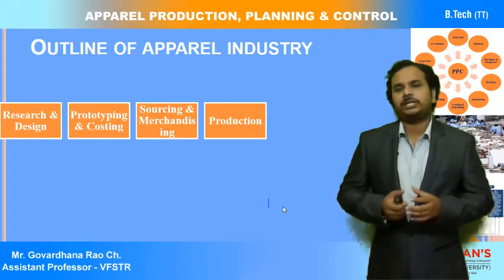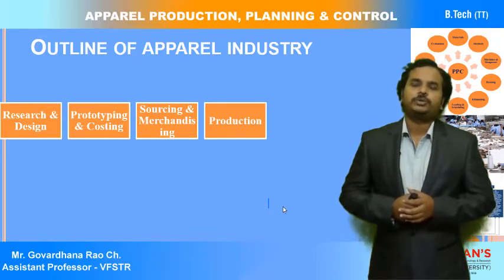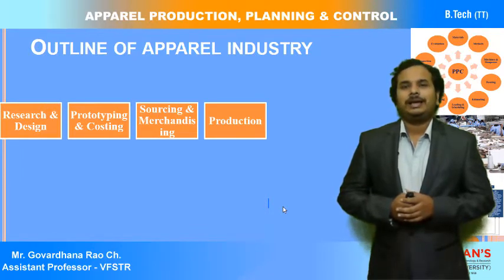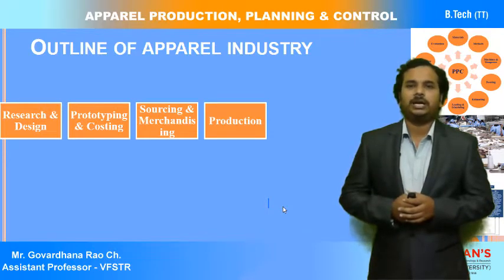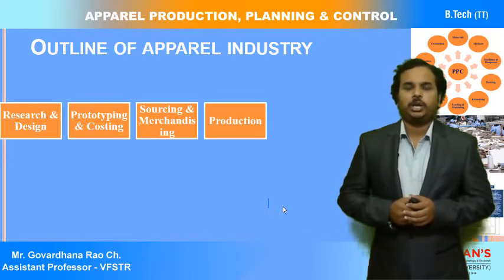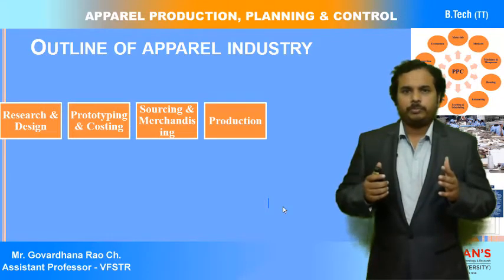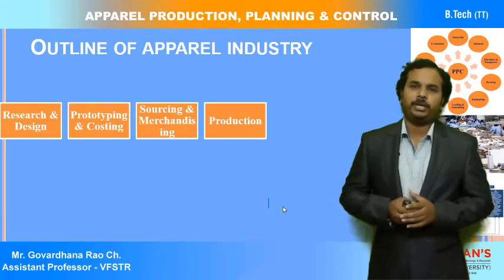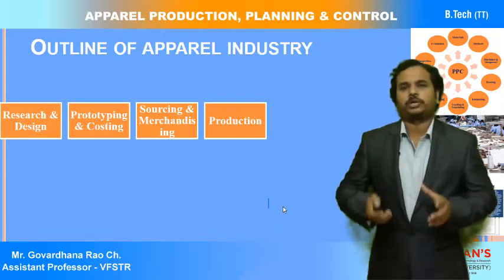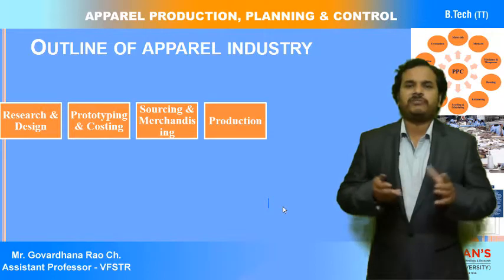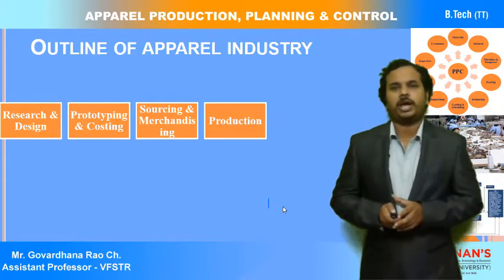And we have a merchandising department where the merchandisers act as a bridge between the buyer and the manufacturing industry. A good or big company has all these departments along with the production department. Specifically, we will see what exactly the production department is going to have.